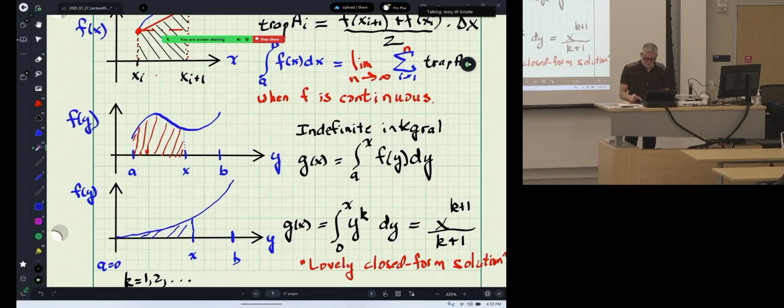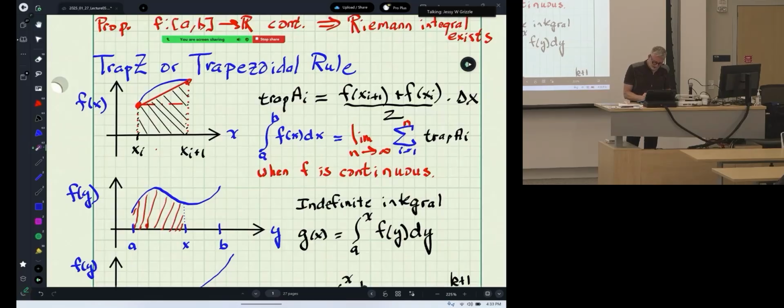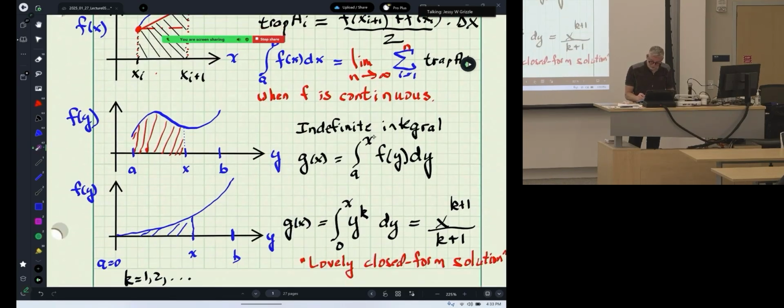Another kind of integral is the indefinite integral. When a and b are fixed numbers, like from 2 to pi, it's called a definite integral because you've got definite area. When you let one of the bounds be a variable, you get what's called an indefinite integral.